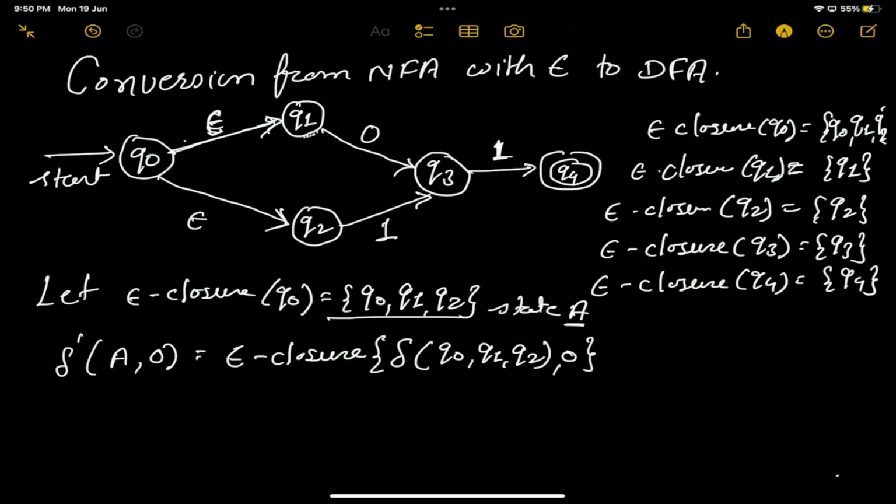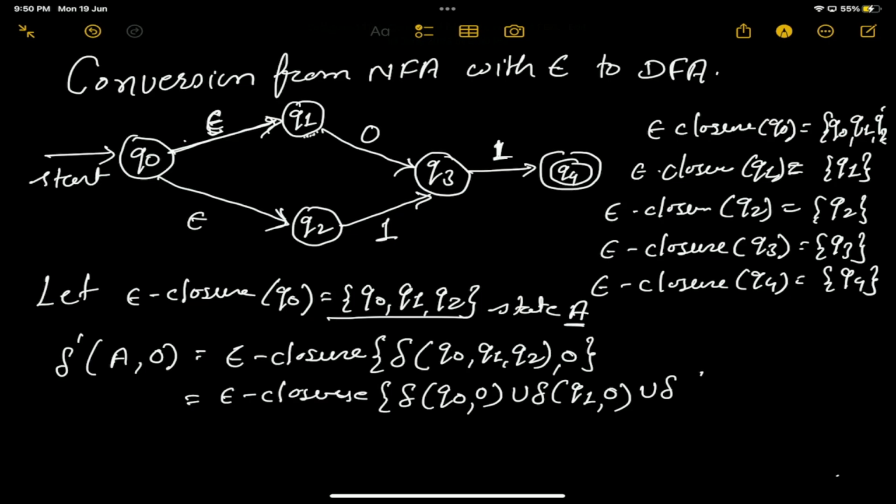So it is equal to the epsilon closure of the union of delta Q0 with input 0, union delta of Q1 with input 0, union delta of Q2 with input 0.